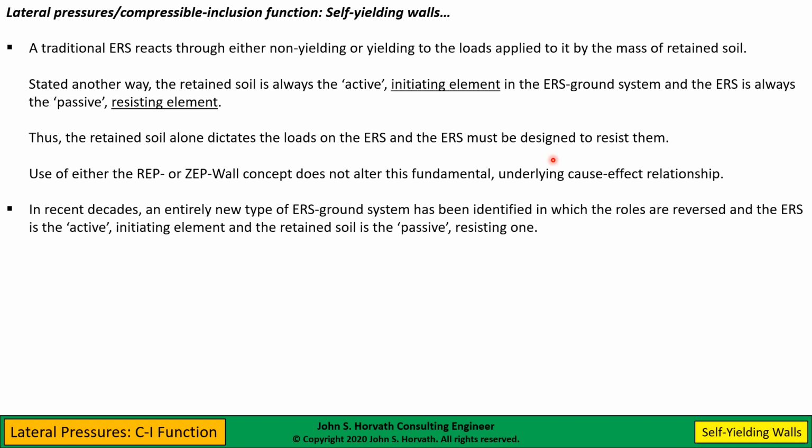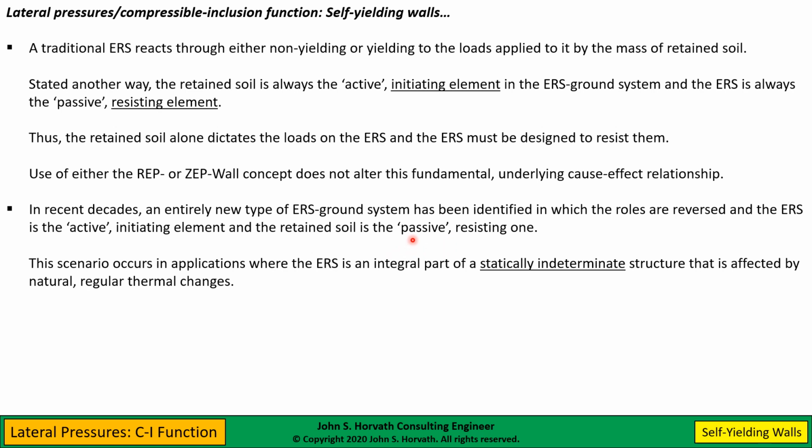However, in recent decades, an entirely new type of earth retaining structure ground system has been identified in which these roles, these classical historical roles of who's initiating, who's resisting, are reversed. And it's the earth retaining structure that is the active initiating element. The retained soil is the passive resisting one. So this is a complete role reversal.